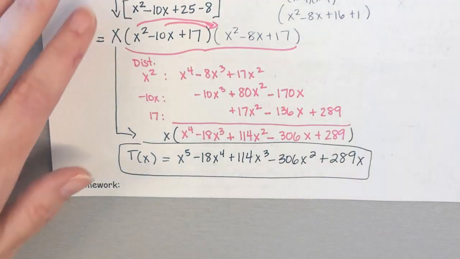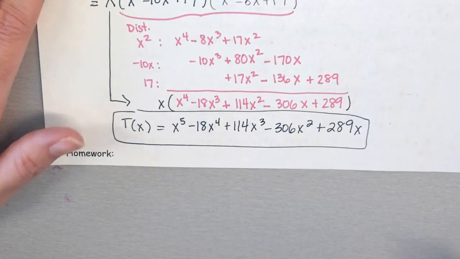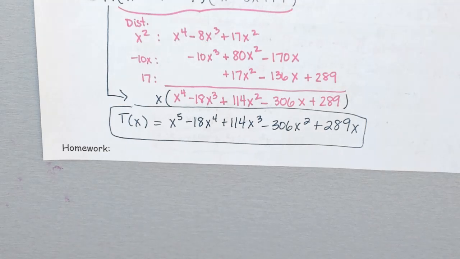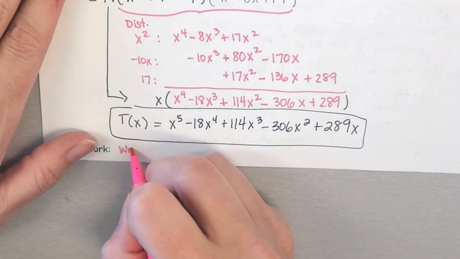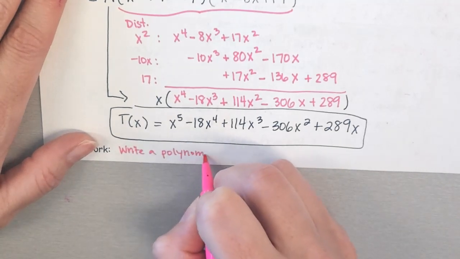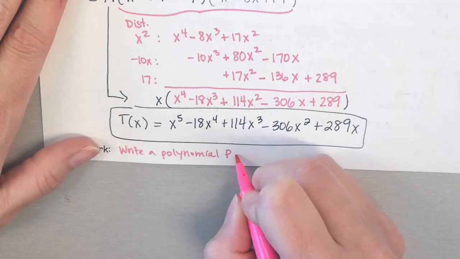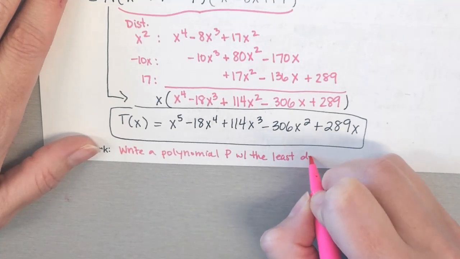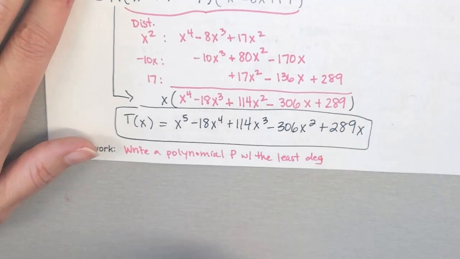Okay, so for all of your homework questions tonight, it's going to be the same direction where you're going to write a polynomial p of least degree for the given zeros. So when they say write a polynomial p with the least degree, that's exactly what we did here.